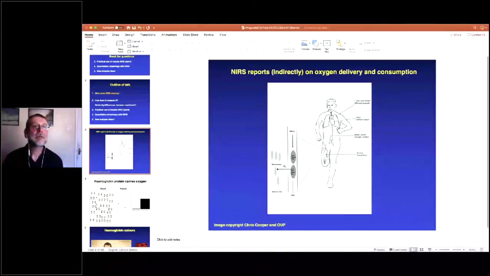I've got one monitor. Have I got stop sharing screen there? Does that help?